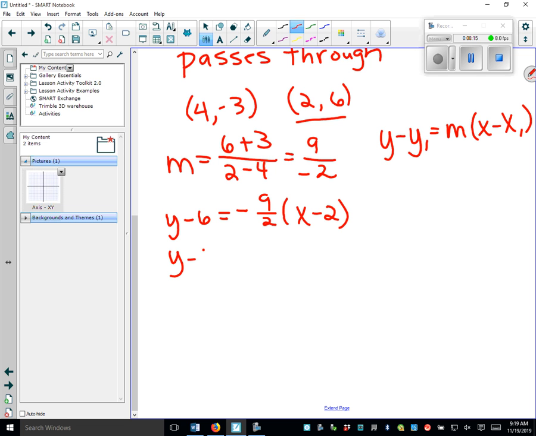So y minus 6 equals negative 9/2 x plus 9. Is that right? Well, write your answer in slope-intercept form. So what do I do? Add 6. Y equals negative 9/2 x plus 15.